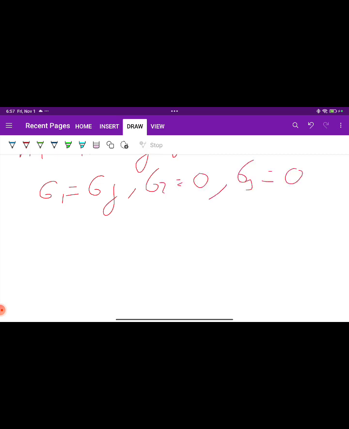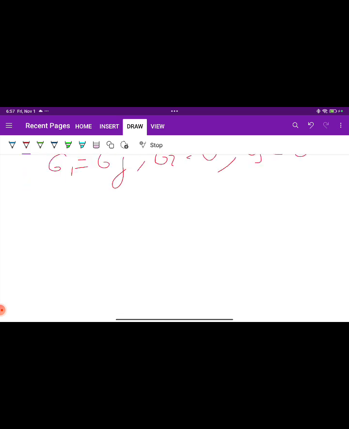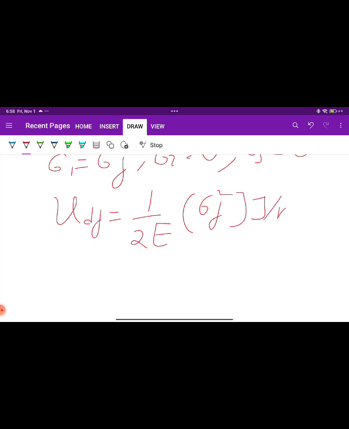This is for the 3D conditions, and at the time of the failure our formula will be UDF is equal to 1 upon 2E sigma f square joule per meter cube.